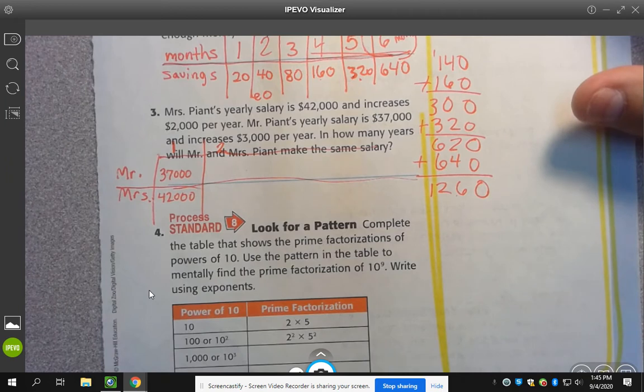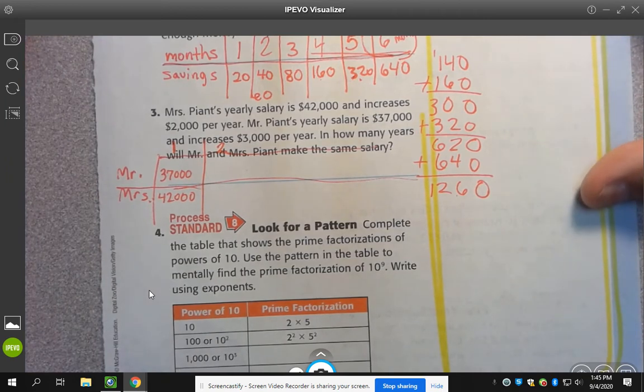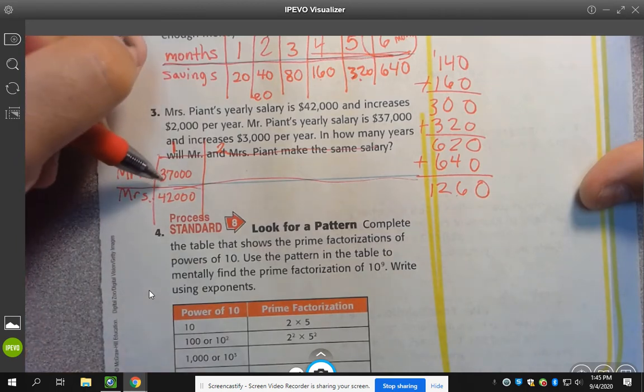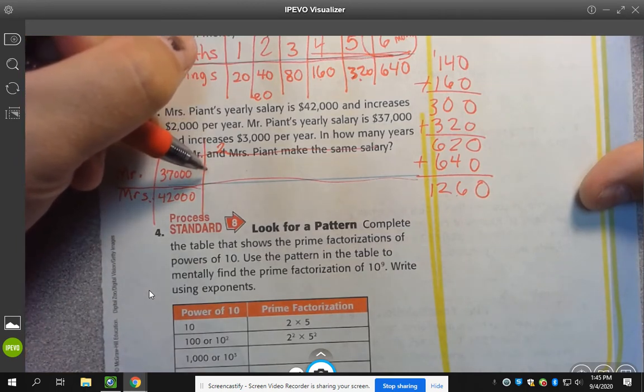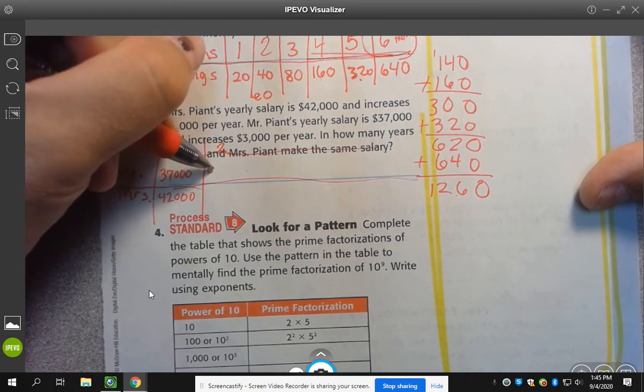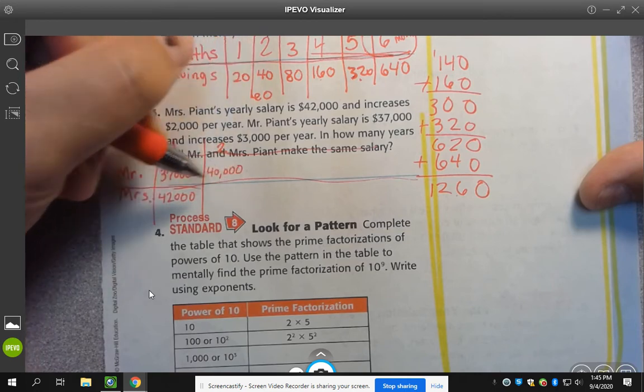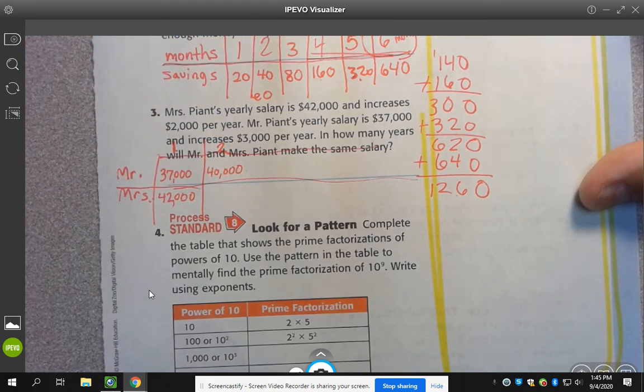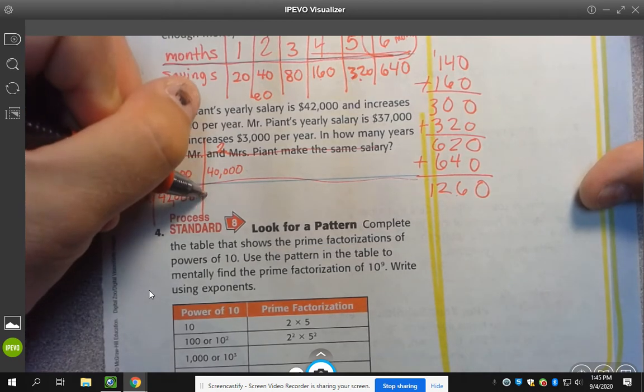Year 2. Now how much does Mr.'s go up? So if we add 3,000 to 37, what are we going to get? 40,000. And what does she go up by? So what's 42,000 plus 2,000? 44,000.